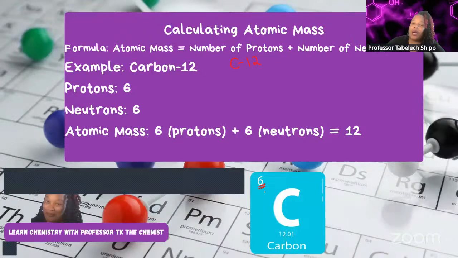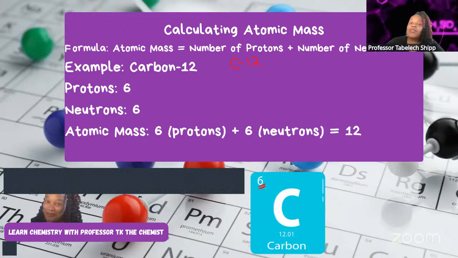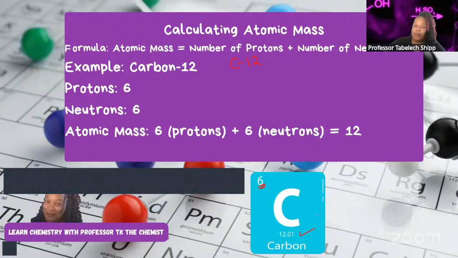That is the protons. That's also the electrons. That's also the atomic number. If I see that 6 there, that tells me that I have 3 things that I can actually write down 3 different times: protons, electrons, and atomic number. Now, if you notice here at the very bottom, 12.01, that is the atomic mass number, your mass number.